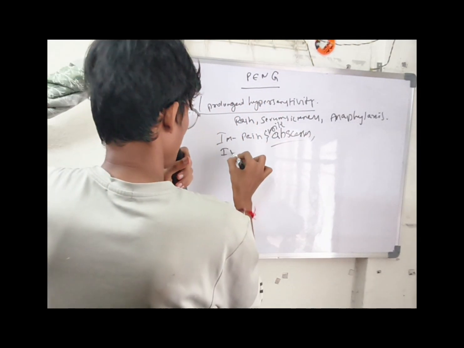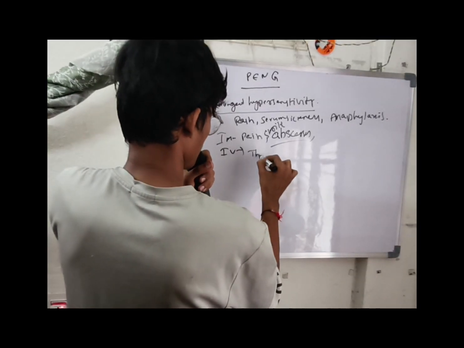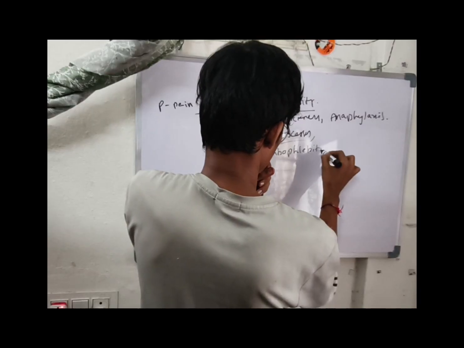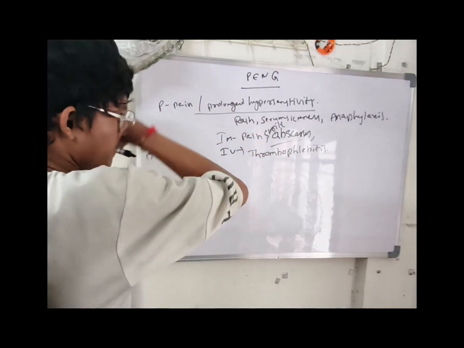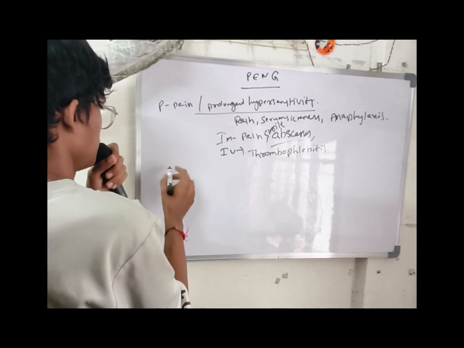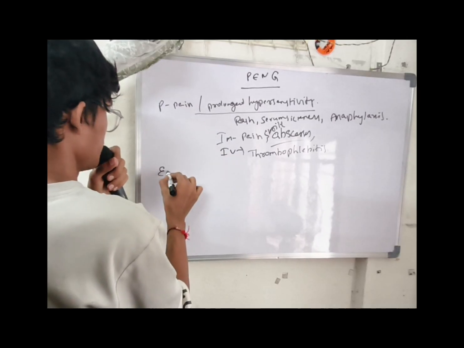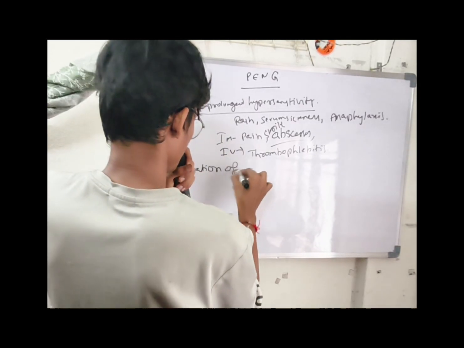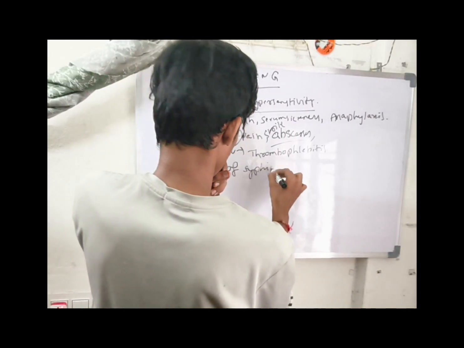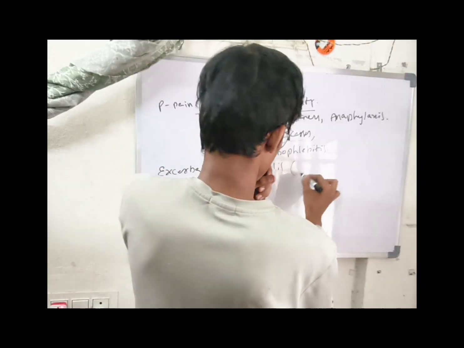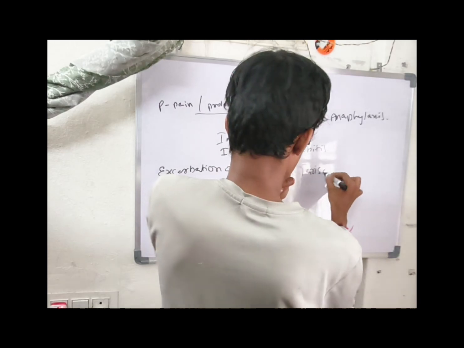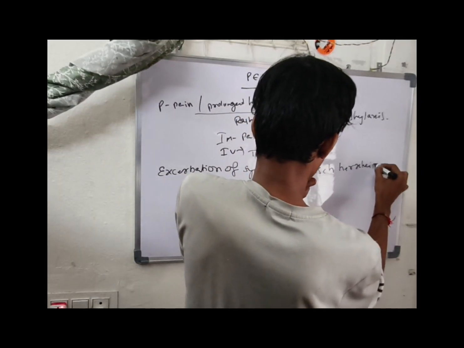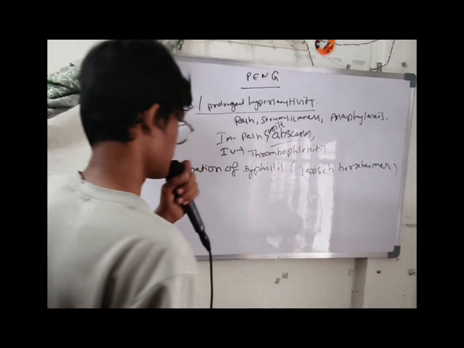And if it is given IV, thrombophlebitis may happen. Then E for exacerbation of syphilis, also called the Jarisch-Herxheimer reaction.